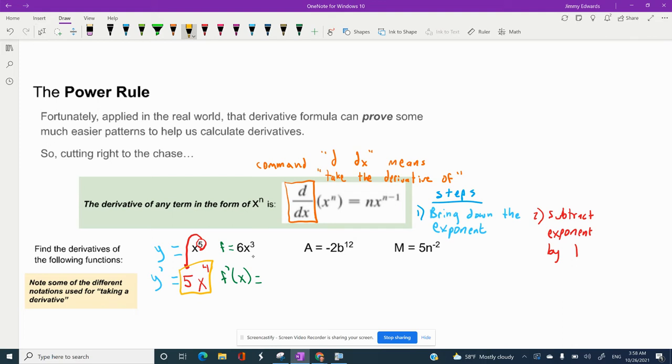We're going to take the exponent of 3 and bring it down. We're going to multiply now. 6 times 3 after we bring the 3 down is 18. So we'll have 18. And then what's left? x, and then 3 minus 1 is 2. So 18x squared. Yay.